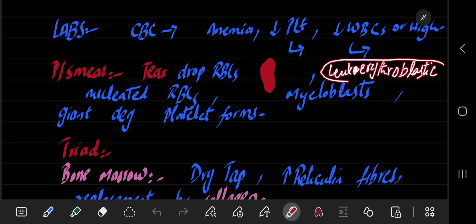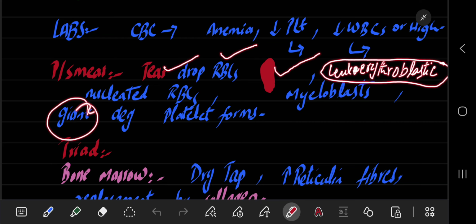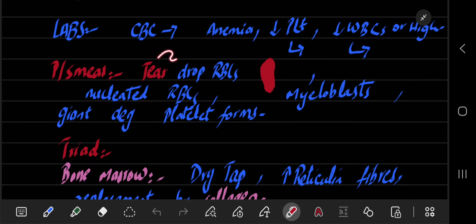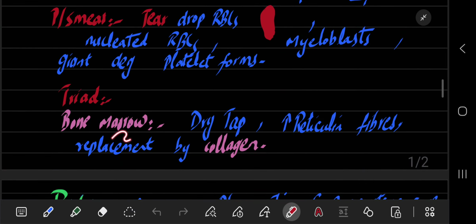This is highly suggestive of myelofibrosis: teardrop red blood cells, leukoerythroblastic blood picture and giant degranulated platelet forms on the peripheral smear. This is the triad.